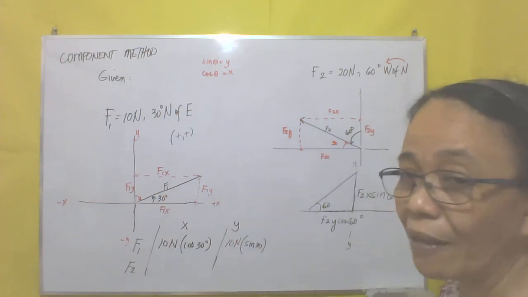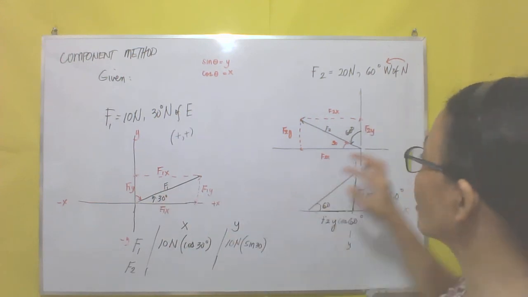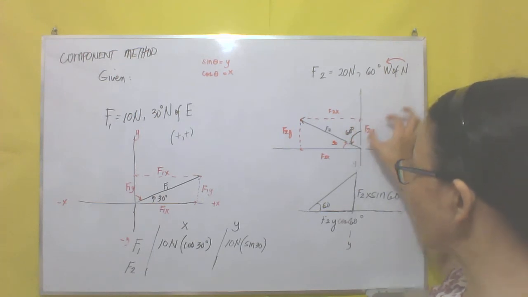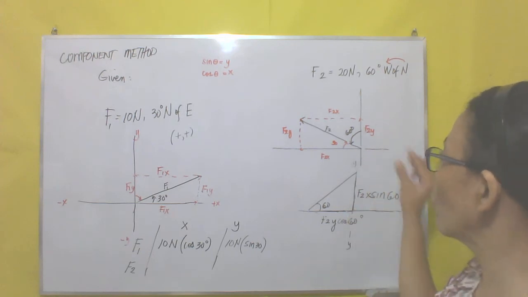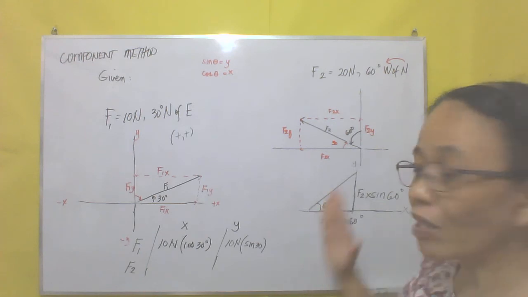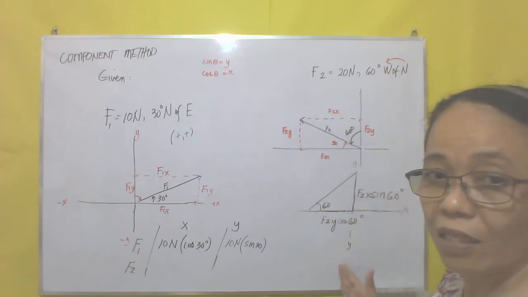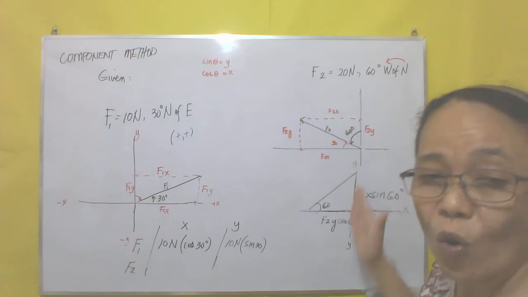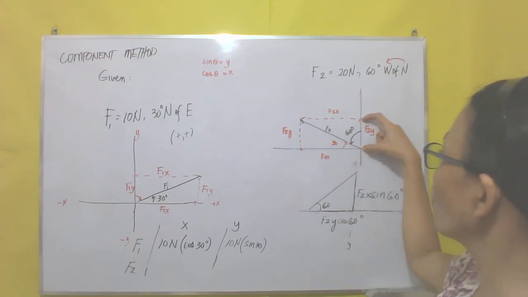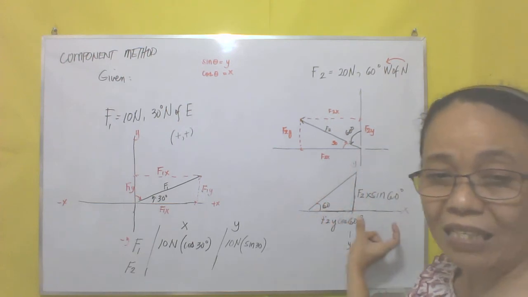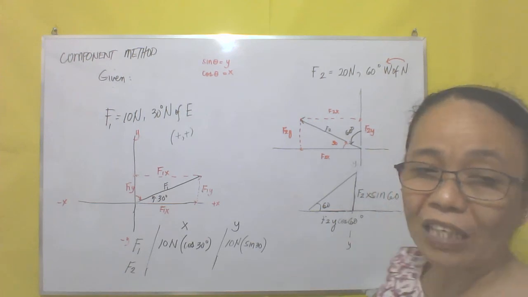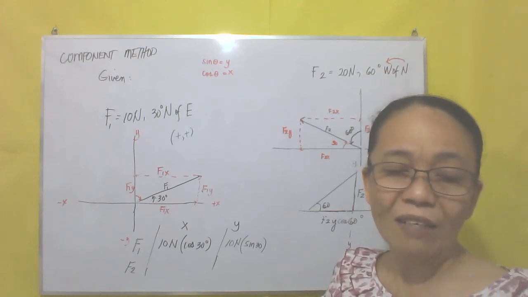But if the reference angle is with respect to the x-axis, then the x component will always take the cosine function, and the y component will always take the sine function. But if the reference angle is with respect to the y-axis, the x component will take the sine function because it becomes the opposite side, located along the y-axis, and the y component becomes the adjacent side, located along the x-axis, so the y component will take the cosine function.